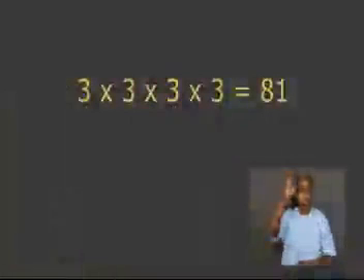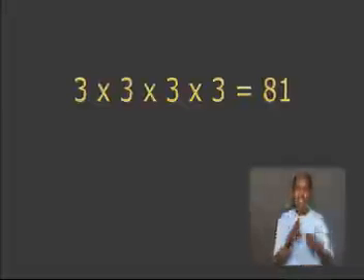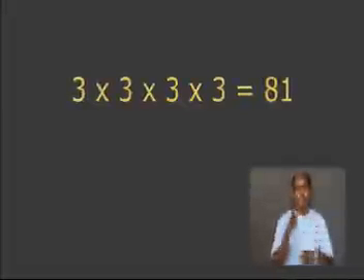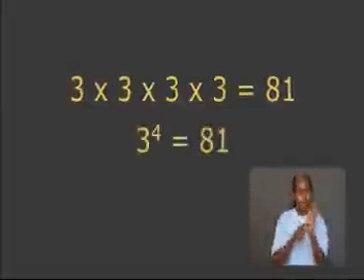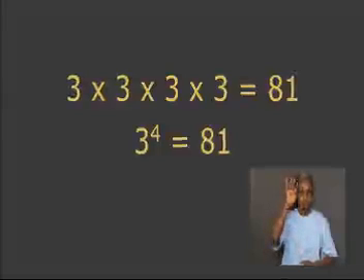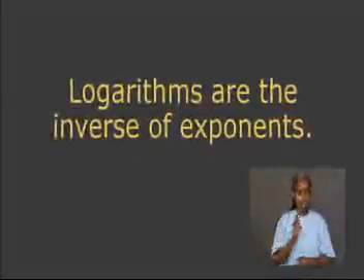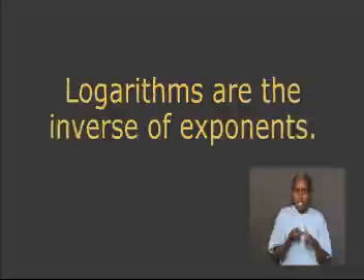You have already learned the nature of exponents. The equation 3 times 3 times 3 times 3 can be shortened to the exponent 3 to the power of 4. We can think of logarithms as being the inverse of exponents.